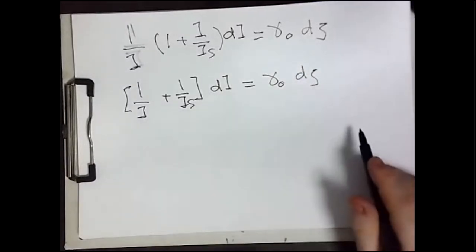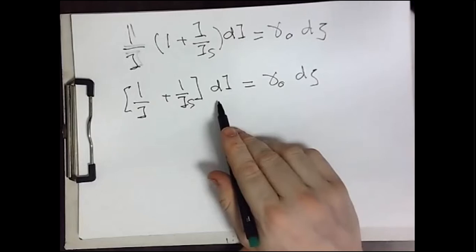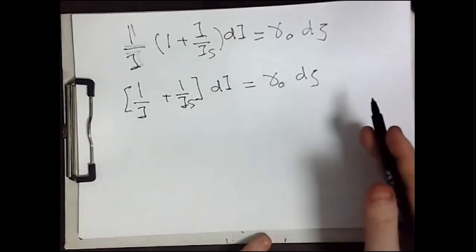Now you can integrate both sides. You will integrate the dI with respect to the input to the output.